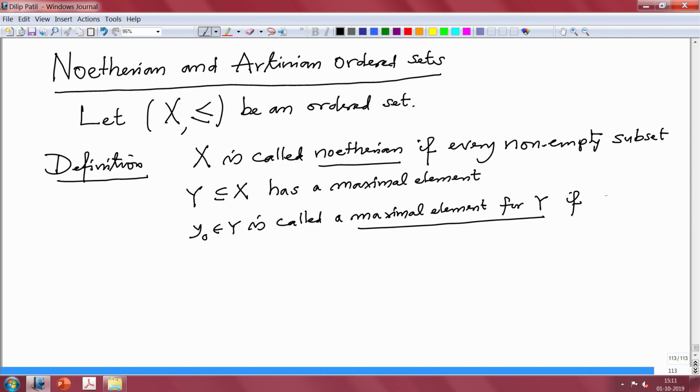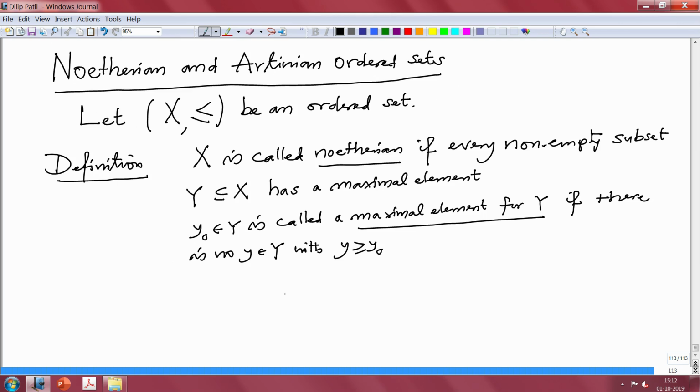If there is no y in y with y bigger equal to y naught, that is called a maximal.